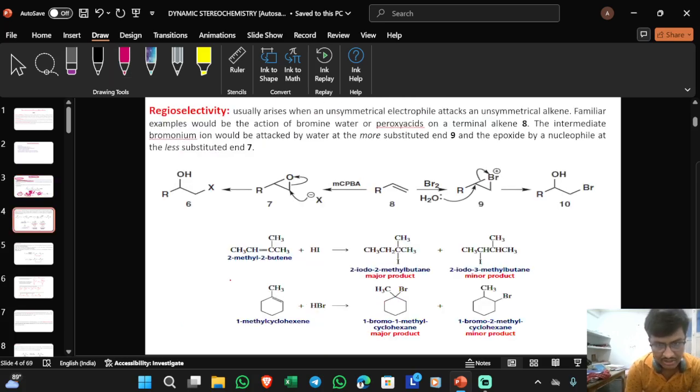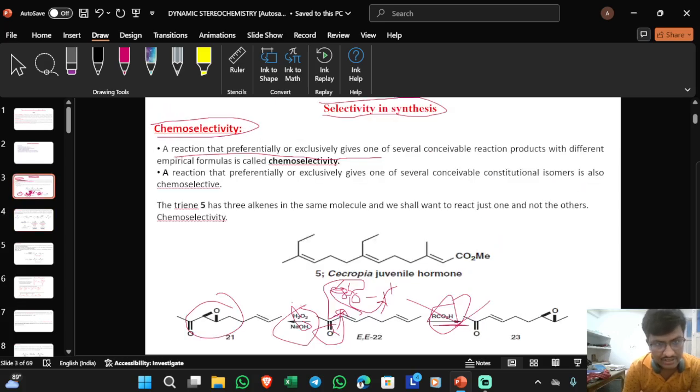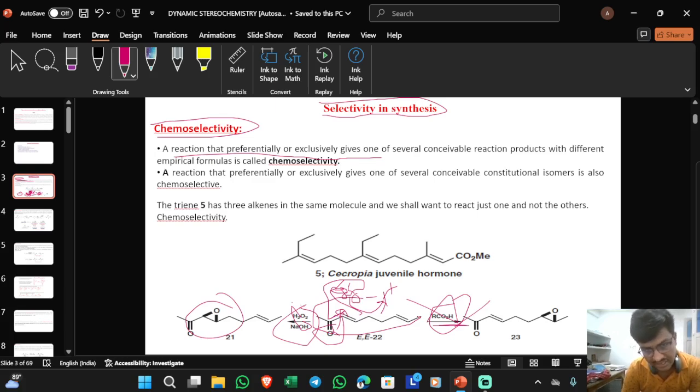Next is chemoselective. To understand chemoselective: a reaction of a compound that reacts at either of two different sites, where the reaction is possible or exclusive, giving several products with different empirical formulas, is called chemoselective.